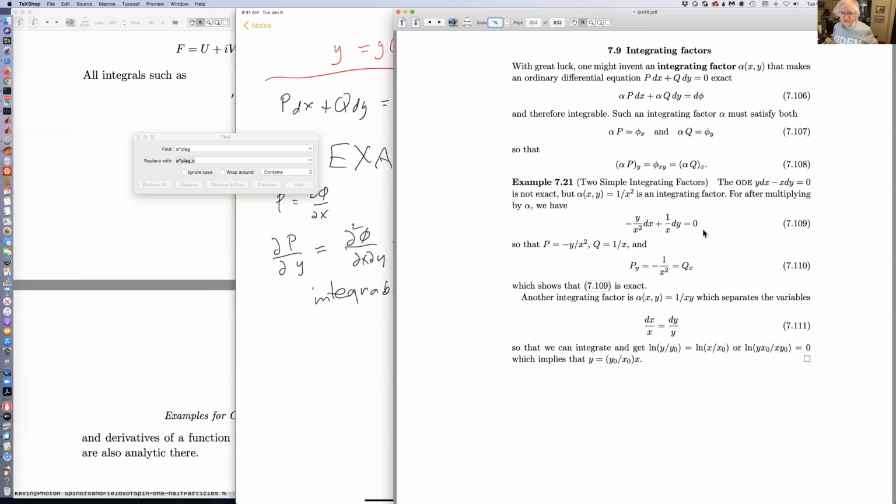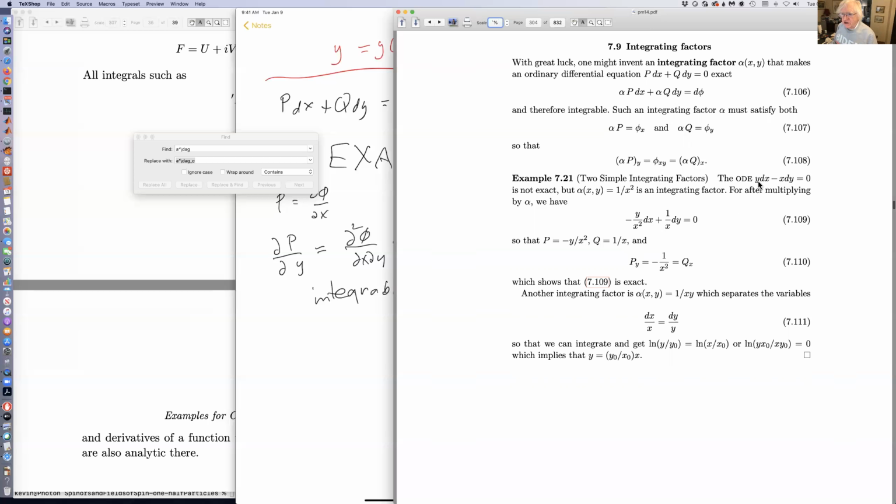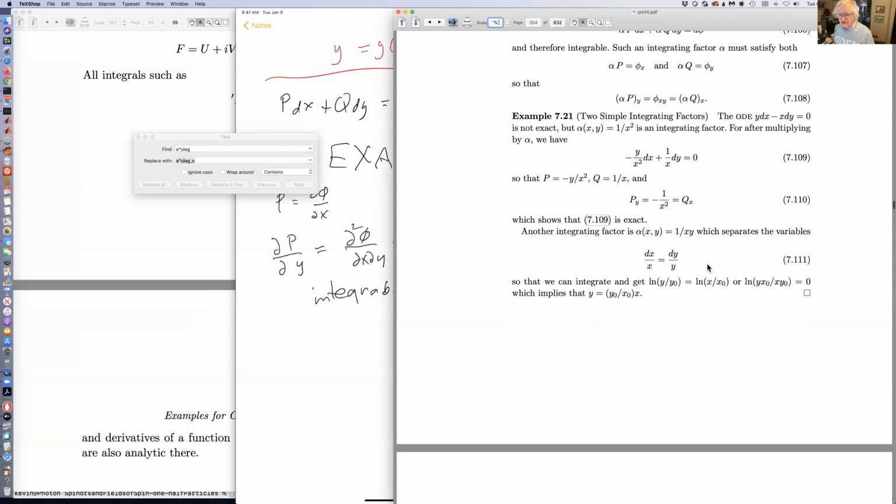And a couple of trivial examples are that the ODE y dx minus x dy equal to 0 is not exact, but if you multiply by 1 over x squared, you get this expression. P is then minus y over x squared, q is 1 over x, and you get that p sub y is equal to q sub x.